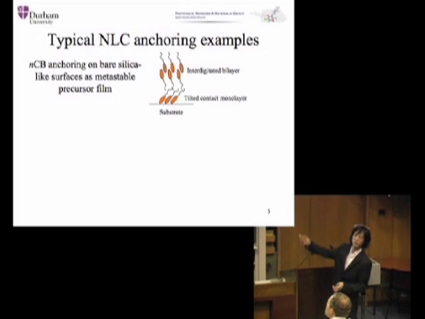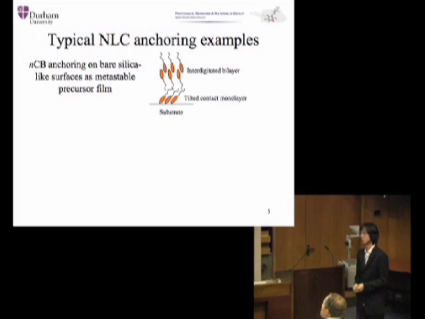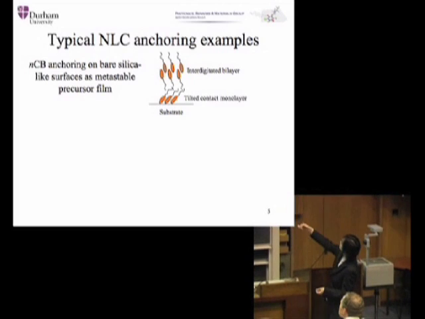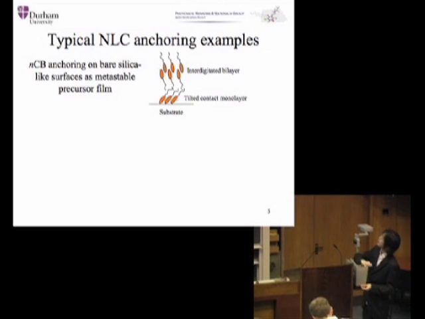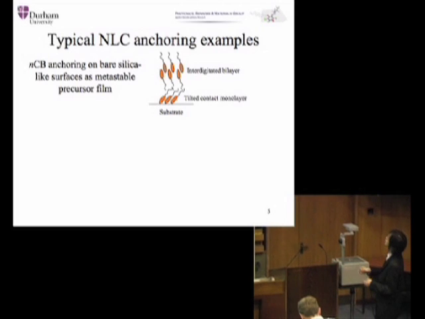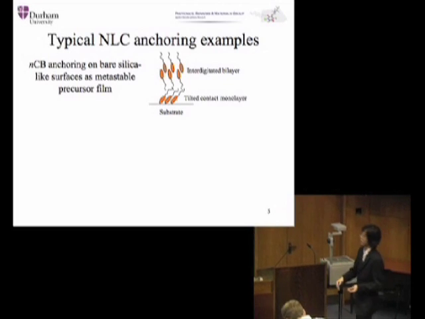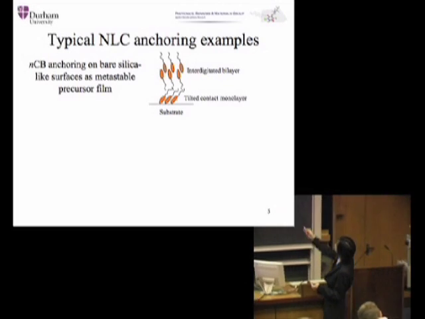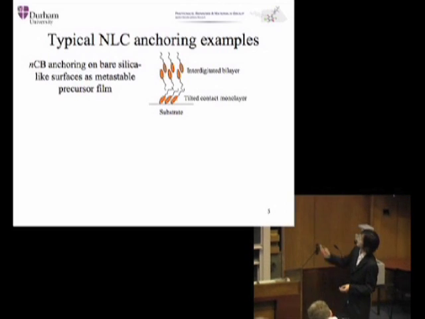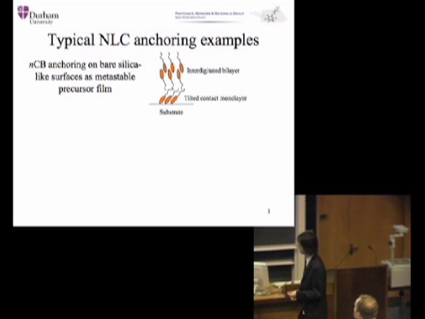Just bear in mind, the NCB molecules are the most important molecules in liquid crystal systems. In these tri-layer configurations, we have a tilted compact monolayer, which is covered by an interdigitated bilayer with reduced polar angles. This configuration is by convention called the metastable precursor film.